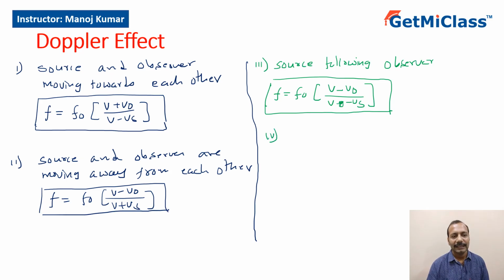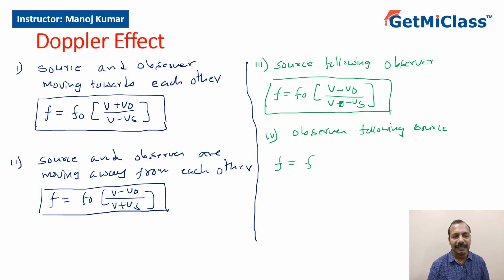Now the final case, I can say observer following source. If the observer is following the source, then the motion of the observer is trying to decrease the separation between source and observer, and the motion of the source is trying to increase the separation. So the motion of the source would result in a decrease in frequency and the motion of the observer would result in an increase in frequency.